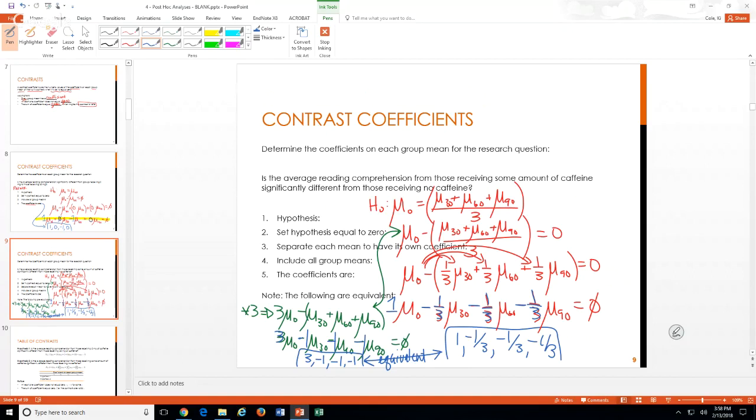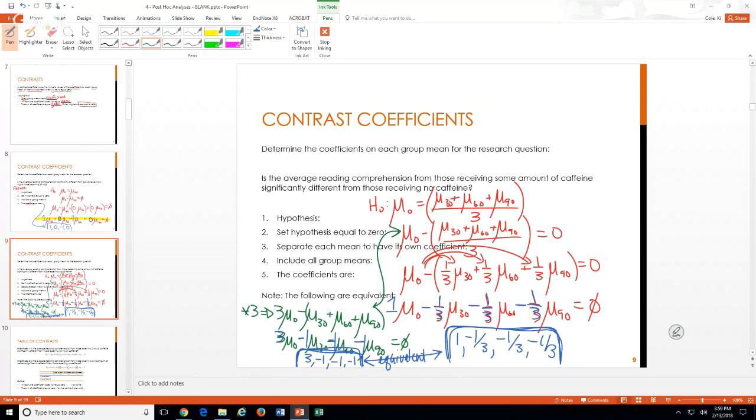How could I go from one to the other even without all the steps that I put up there? Multiply by 3. Okay, so this first one that we got here, if we take these coefficients and multiply them all by 3, then I would get this second set.